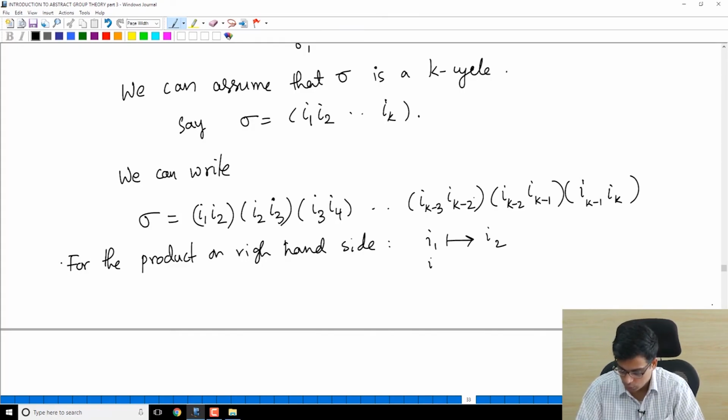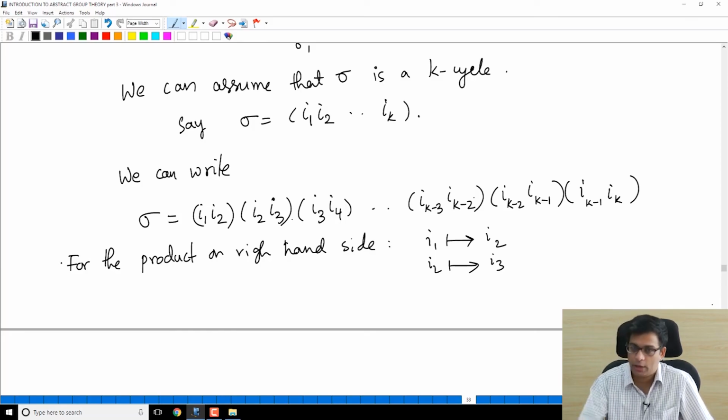Now where does i2 go? We have to go from the right and see where i2 first appears. The way we are writing this, i2 will not appear until we hit i2, i3. So i2 will go to i3, right? Is that clear? I2 is already written here in i2, i3, so subsequent transpositions will only involve higher indices.